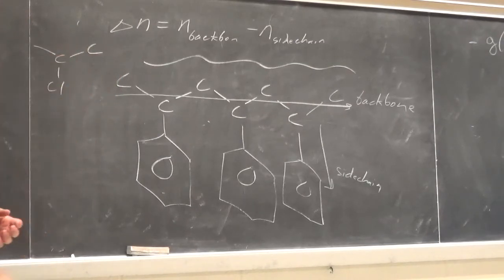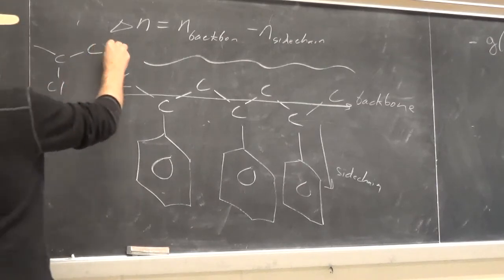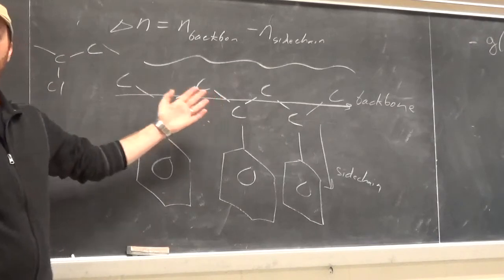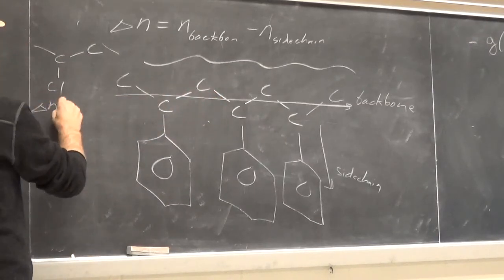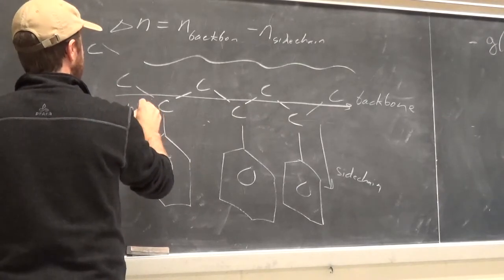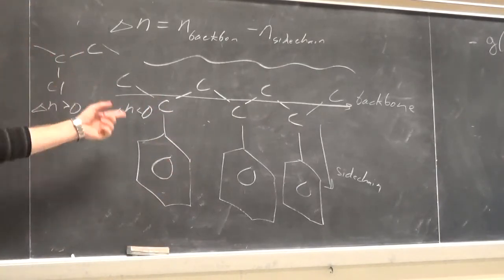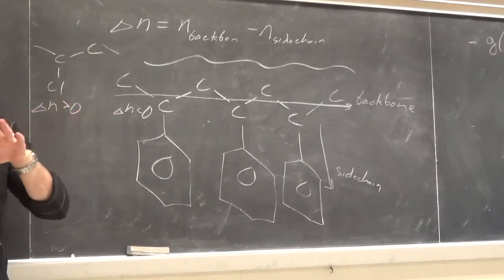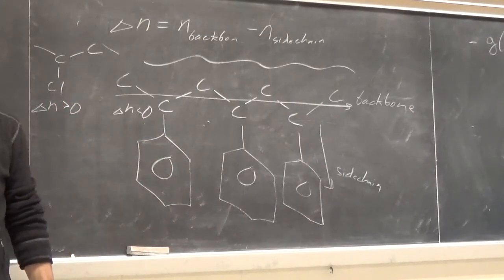So this is a polar bond. It's not very polarizable. And so if we make a copolymer of vinyl chloride and styrene, one has delta N greater than 0. This one has delta N less than 0. If you make a copolymer of these two in just the right ratio, you can get a polymer with 0 intrinsic birefringence.